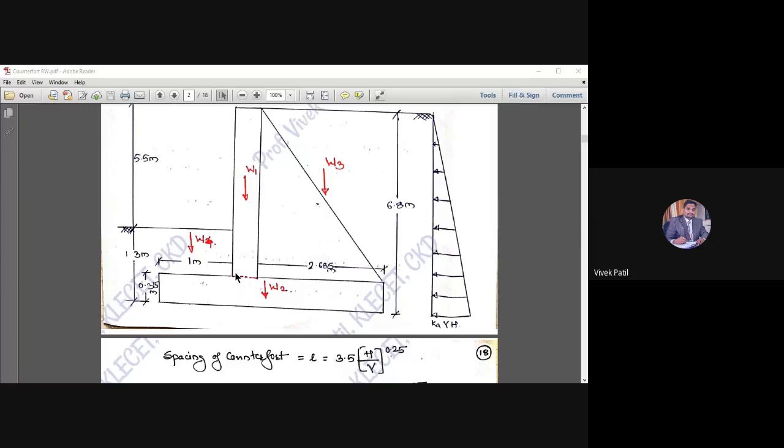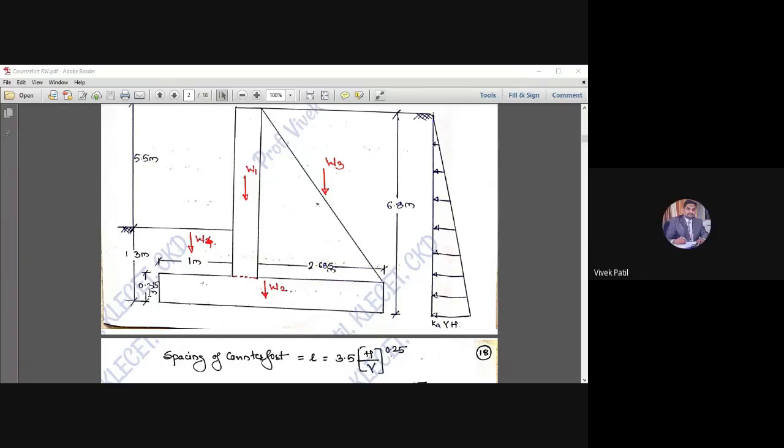This length is 1 meter, then what will be the height here? It will be equal to 1.3 minus 0.315, that is 0.985.